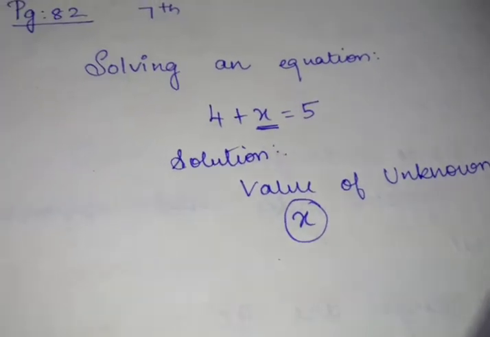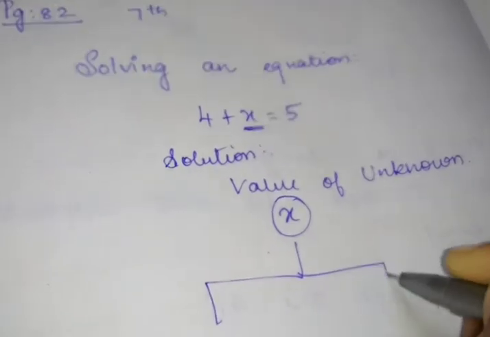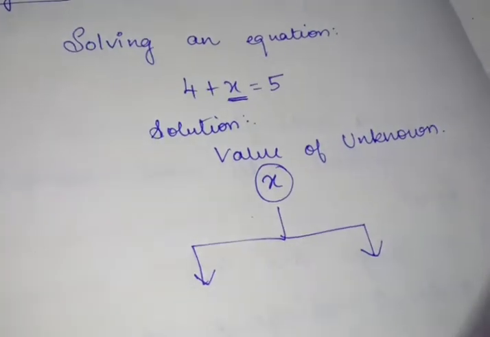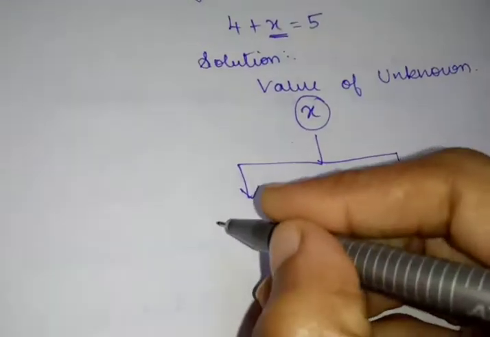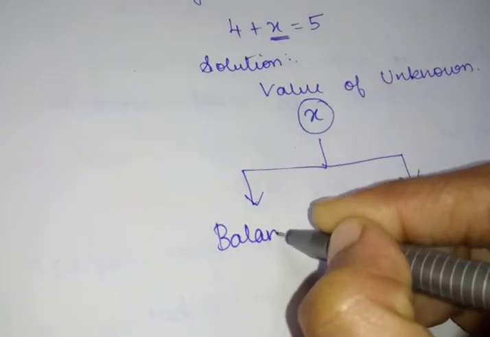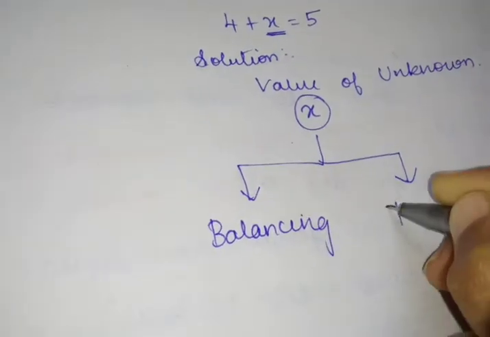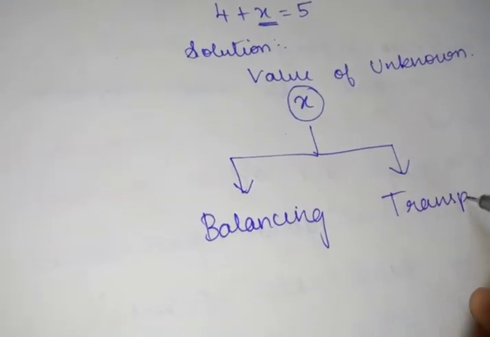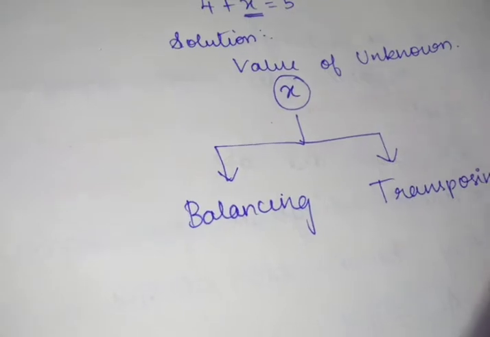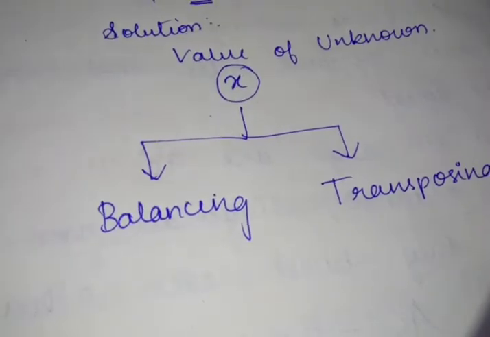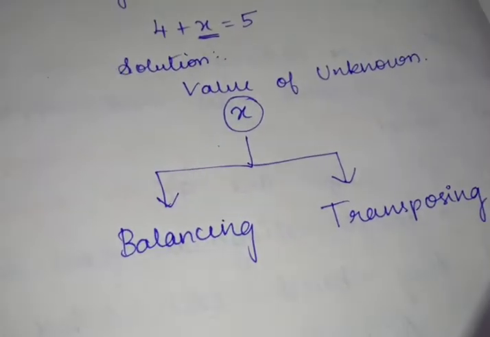Okay, so there are two methods to find the solution of this equation. So what are those methods? Balancing method and transposing method. Solution means what, children?